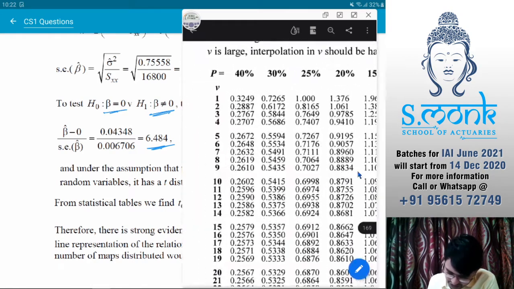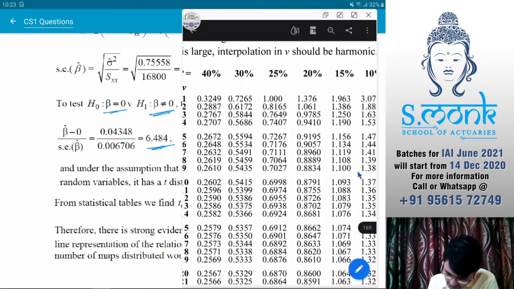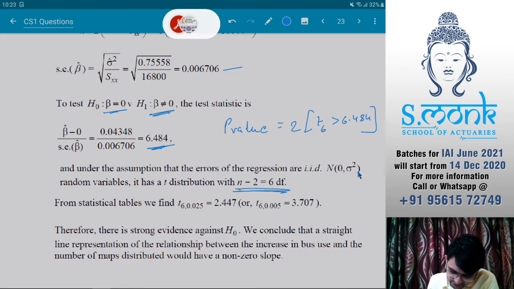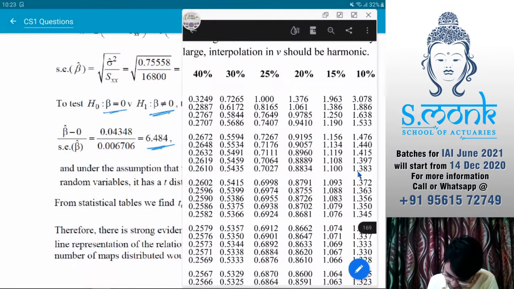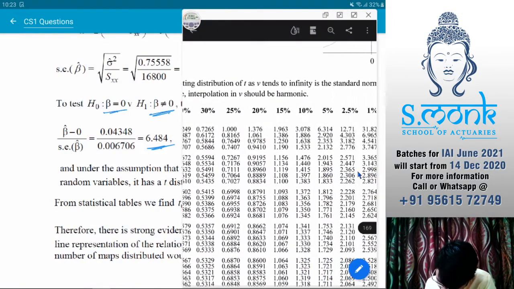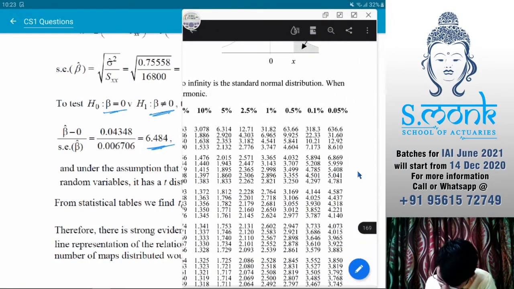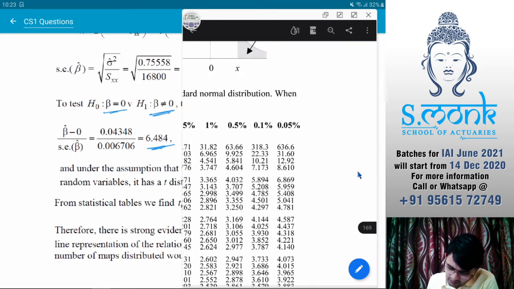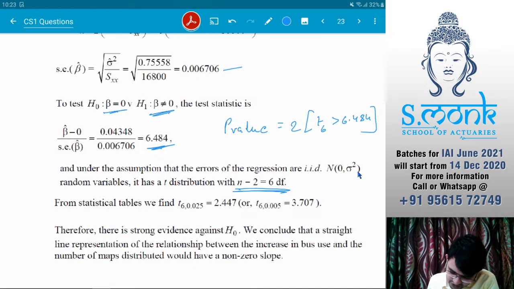T distribution, degree of freedom 6. We are looking for 6.484. So clearly it is beyond 0.05. So you'll say your p-value is less than 0.05.